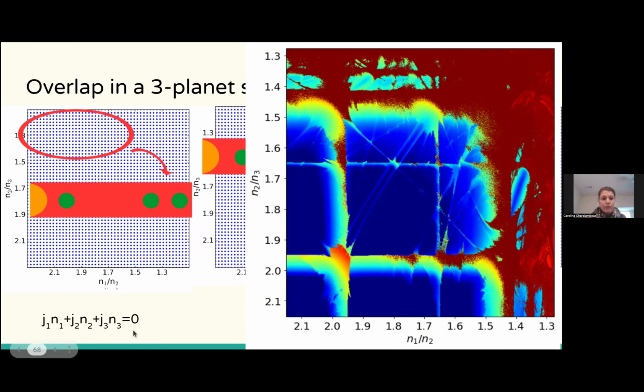for a 3-planet resonance. And so let's say that k3 is equal to 0, so we will be able to describe with vertical lines the commensurabilities between n1 and n2. So we get the mean motion resonances between planets 1 and 2, so innermost and middle.